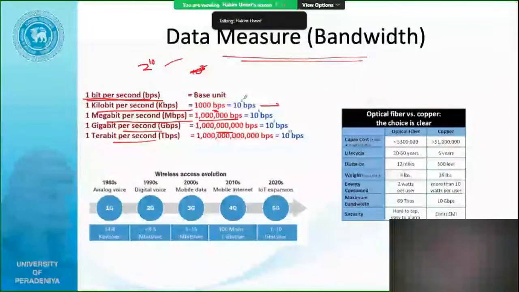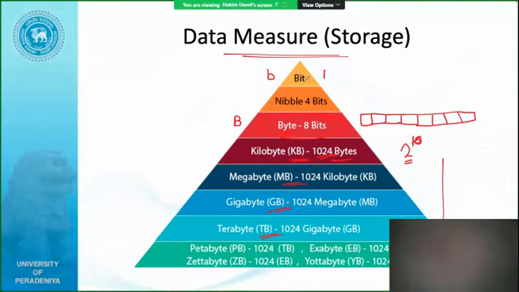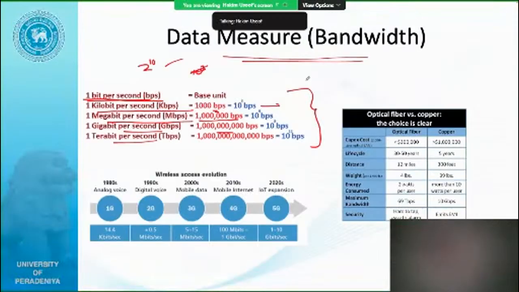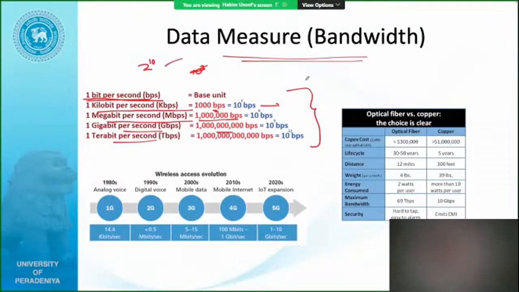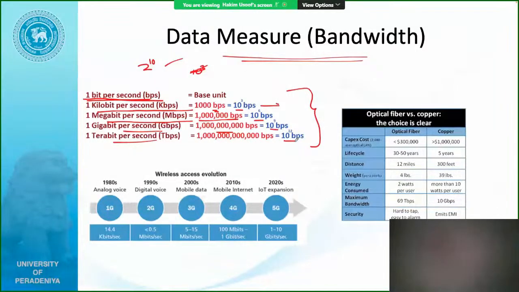We don't talk about 1024 in bandwidth measuring; 1024 is for storage measuring, and that's typically bytes. Here we talk about bits and we talk in decimal places: 10 to the power 3, 10 to the power 6, 10 to the power 9, 10 to the power 12. So there is a difference between the two.